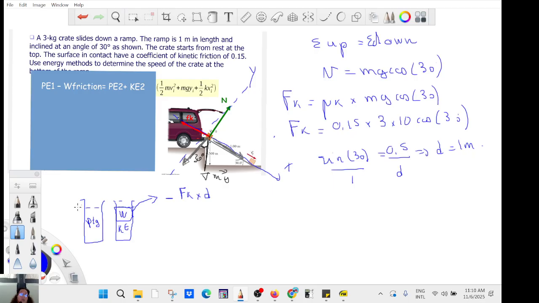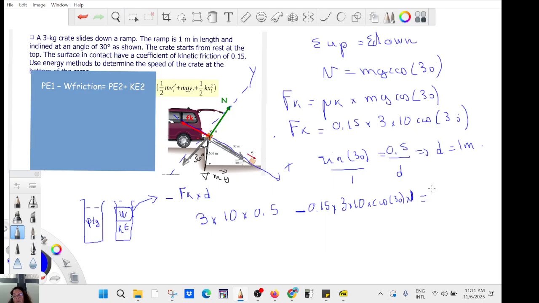Agree? So you start with a full reservoir of potential energy, and that will be mgh, so 3 times 10 times 0.5, and then minus the work done by friction, which is the coefficient 0.15 times 3 times 10 times cosine 30 times d, which is 1.